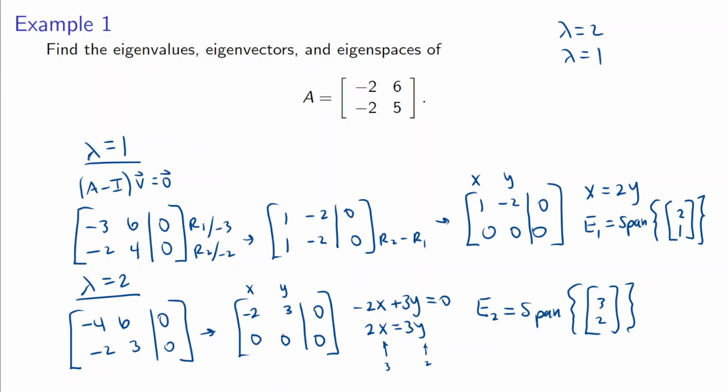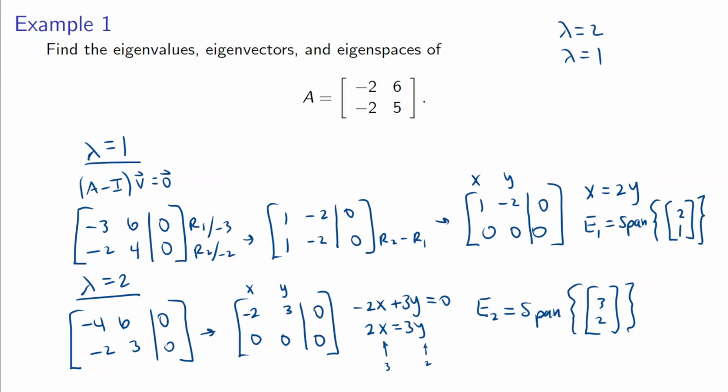For each of these examples, the basis could just consist of that vector that we wrote. So the basis for E1 would just be the set consisting of the vector 2, 1. A basis for E2 could just be the set consisting of the vector 3, 2. And in particular, the dimension of each of these eigenspaces would just be 1, which is something that will not surprise us as we move through this chapter.